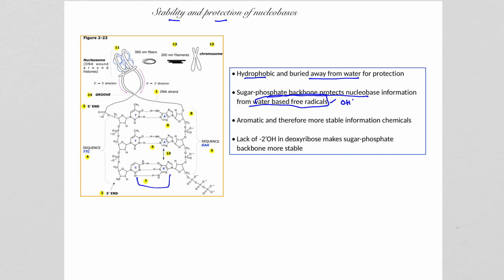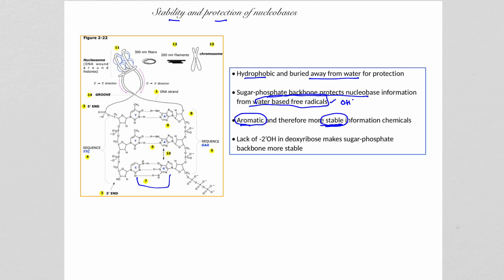So this sugar phosphate backbone is basically helping protect the nucleobase information inside. The nucleobases, as we mentioned, are aromatic. Aromatic chemicals are very stable. So the nature of nucleobases being aromatic increases the stability.